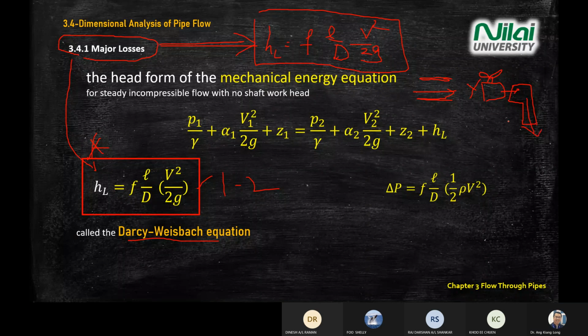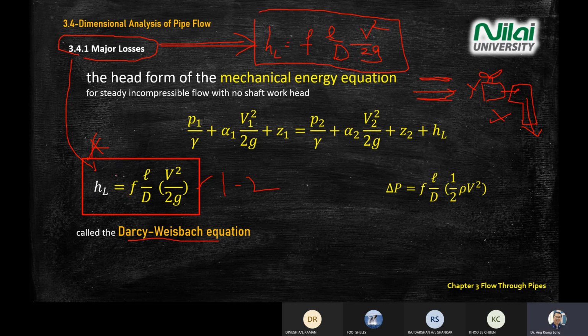Do not include these two, only the pipe. So this one is important. This is called the Darcy equation, and sometimes it will help you to score some marks. They will mention apply Darcy equation in your analysis, meaning straight away you need to write this in your answer. We just want to see whether you understand what the Darcy equation is.